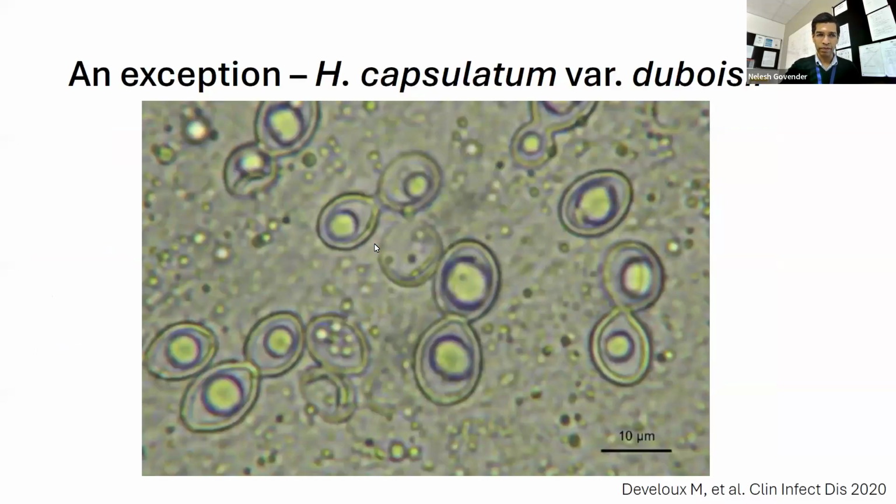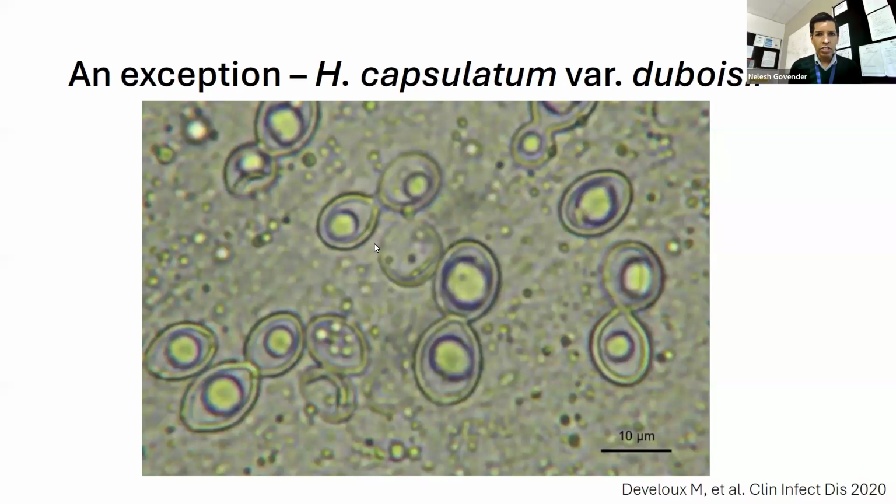There's one exception. So this is the pathogen called Histoplasma capsulatum var. duboisii. And this is African histoplasmosis, or the cause of African histoplasmosis. Now, this was described, if I remember correctly, in the 1930s or 40s. No, I'm sorry, I think maybe in the 1950s.